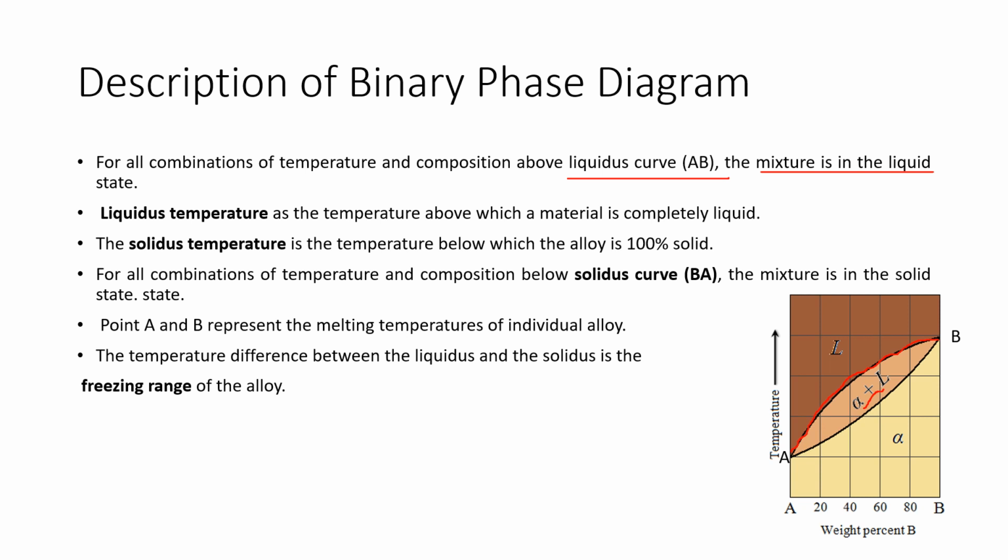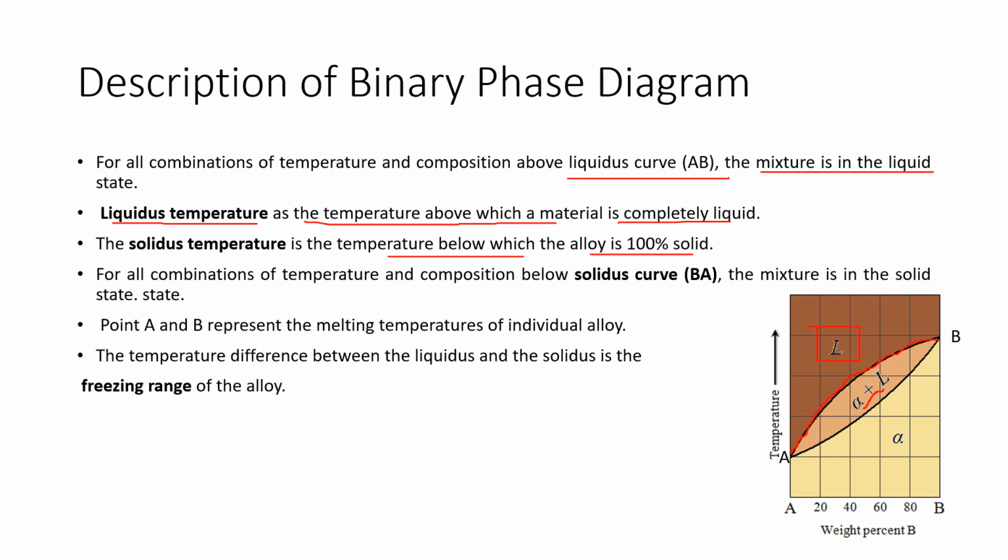What is the liquidus temperature? The liquidus temperature is the temperature above which a material is completely liquid. Above the liquidus line, all the mixture is completely liquid. Solidus temperature is the temperature below which the alloy is 100% solid.